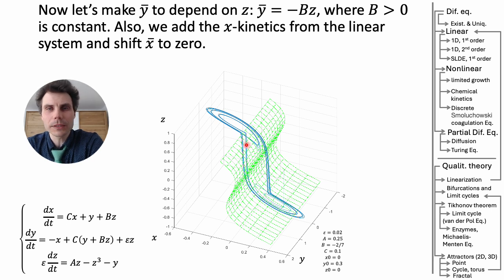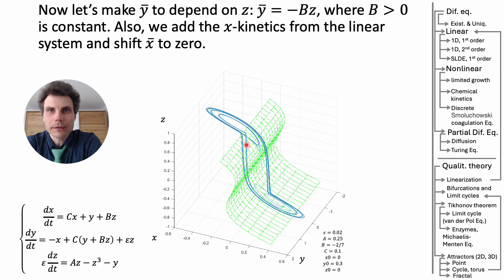The collection of these trajectories indeed forms what is called the strange attractor, or a fractal attractor. Such a domain in this three-dimensional space in which the system gets trapped, although being unstable.